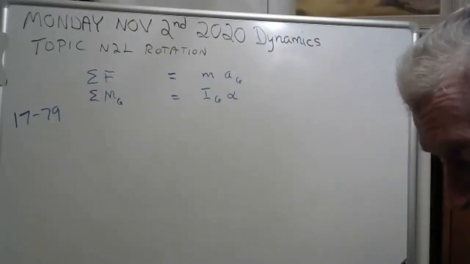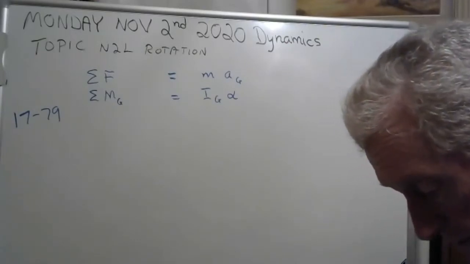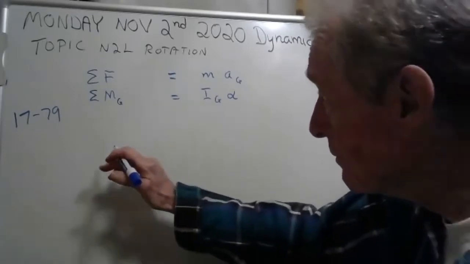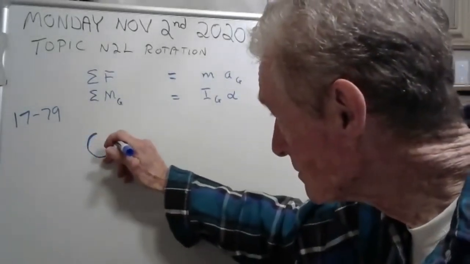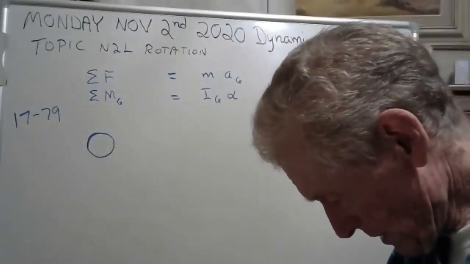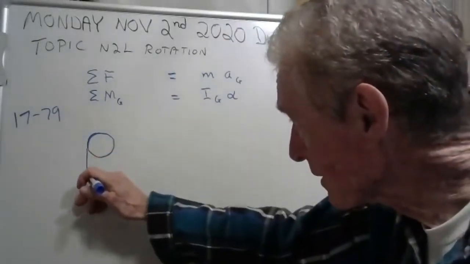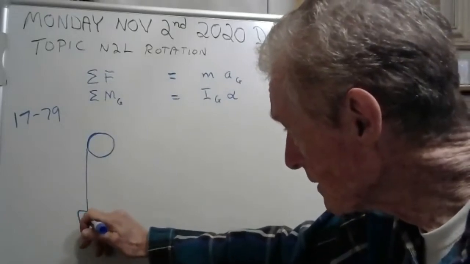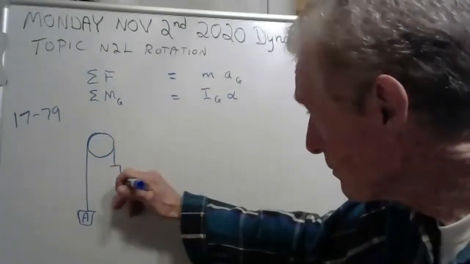Find it here. 1779. Yeah, here we go. Make two free body diagrams. Let me draw this one. Now they said A has a mass of 5 kilograms. I'm going to make it come down here a little lower. There's A, and here's B. Now B is big.